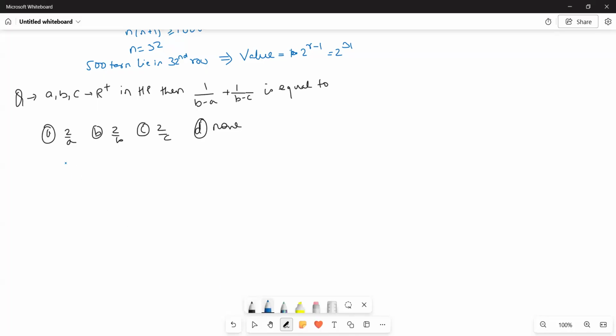So if A, B, C are in HP, so 1 by A, 1 by B, 1 by C would be in AP, which implies 1 by B minus 1 by A is 1 by C minus 1 by B. तो ये हो जाएगा A minus B by AB is equal to B minus C by BC. तो यहाँ पे B और B कैंसिल हो गया.